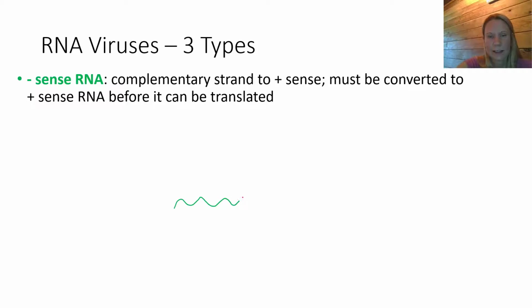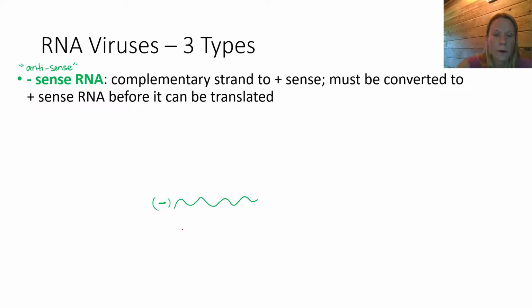So we put this little negative here, which means antisense. It doesn't mean, again, that it has a negative charge. Okay, so that's not what it means. It just means that it's not going to be directly translated. So we usually put a little negative symbol next to it to mean that it is the antisense copy.